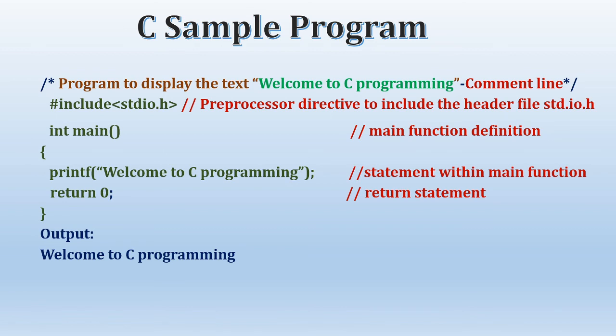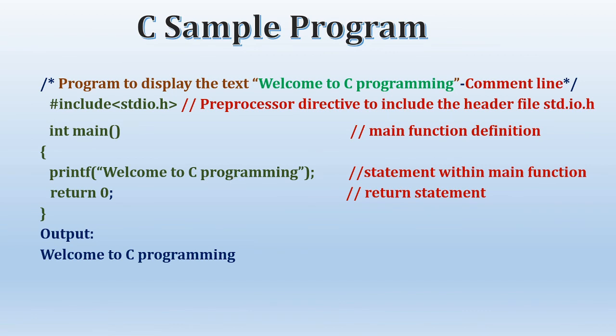A string is basically a sequence of characters terminated by a backslash zero, so that you can read or write the whole character array in one go. If you talk about this welcome to C programming, it is a collection of characters enclosed within these two double quotes. So whenever you have such statements in your program, they will be displayed as they are onto your screen.